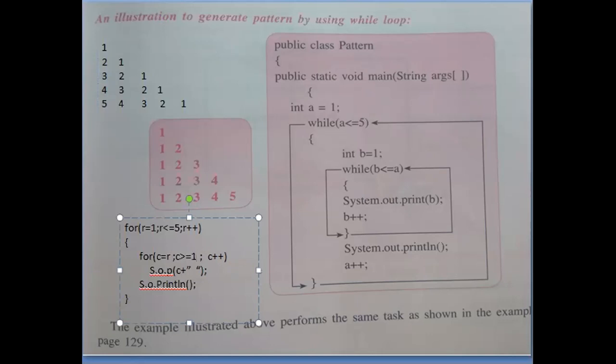C is greater than or equal to 1. Till it reaches 1, we want to continue. C minus minus, decrease it by 1. Now see, first time R is 1, it starts from 1, 1 is greater than or equal to 1, satisfied, it prints 1. C becomes 0, condition is not satisfied. Then R becomes 2, C starts from 2, goes up to 1. See, value should decrease.